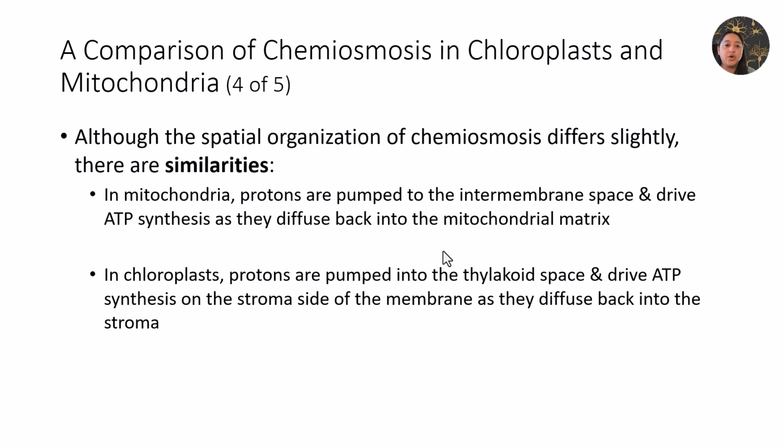And although the spatial organization of chemiosmosis differs slightly, there are also some similarities. In mitochondria, protons are pumped to the intermembrane space and drive ATP synthesis as they come back into the mitochondrial matrix. And in chloroplasts, protons are pumped into the thylakoid space and drive ATP synthesis on the stroma side of the membrane as they diffuse back into the stroma.